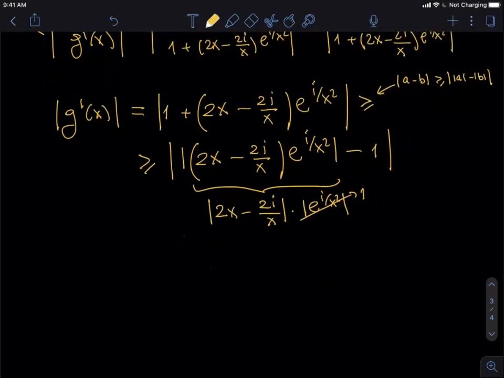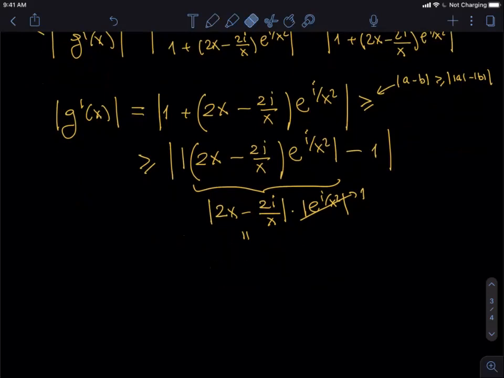And then we just need to work on this part over here, but we can factor 2x, pull it out, times 1 minus, wait, nope. So this is 2x squared minus 2I. No, that's not what I wanted to do.